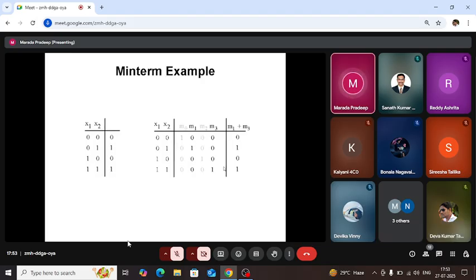This is minterm identification. Suppose here I include an expression m1 plus m2. m1 is 0 1 plus 1 0. After adding, we get this. It's our simplified expression.